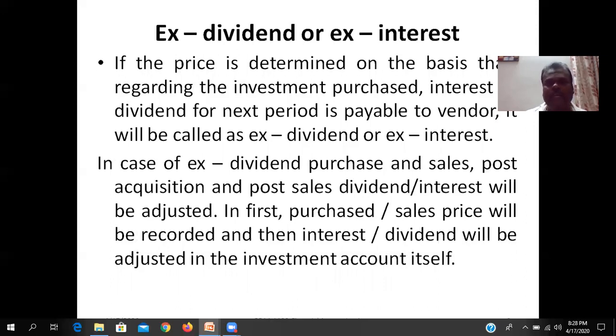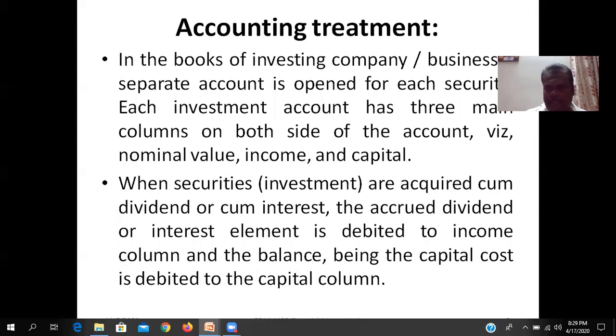So that is called ex dividend or ex interest. In case of an ex dividend purchase or ex dividend sale, we should adjust the interest for the post period. That means the post period purchase or post period sale interest should be adjusted, and the recording should be made through the investment account.